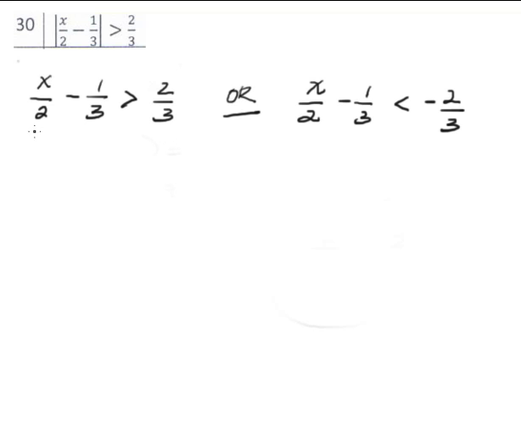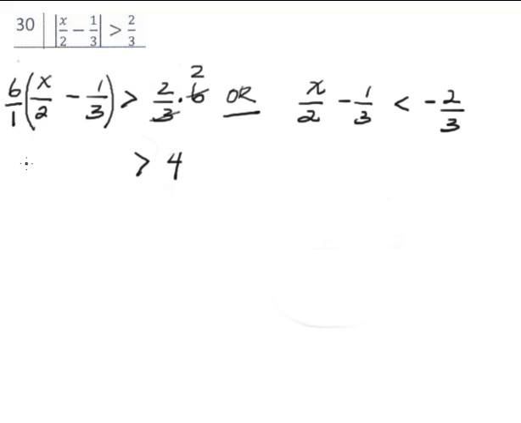Okay, here we just have some fractions to deal with. We'll multiply both sides by the common denominator of 6 to clear out these fractions. So here on the right we get 2 times 2, we get 4. Here we're multiplying by 6 as well.